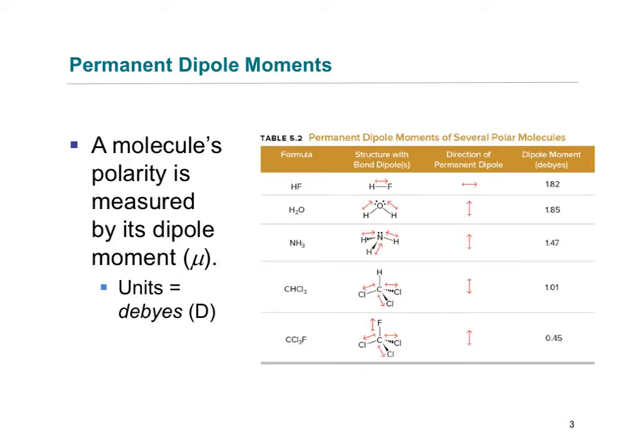All right, so we have talked about polar bonds a little bit, and that the polarity of a bond is determined by the difference in electronegativity between the two elements that are forming the bond. And we gave a range. We said, okay, if the difference in electronegativity is less than or equal to 0.4, we call that a nonpolar bond. So in that case, the two elements are sharing very close to equally, if not totally equally.